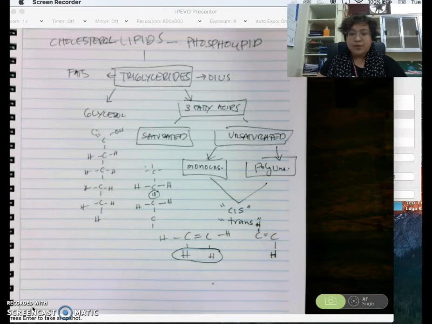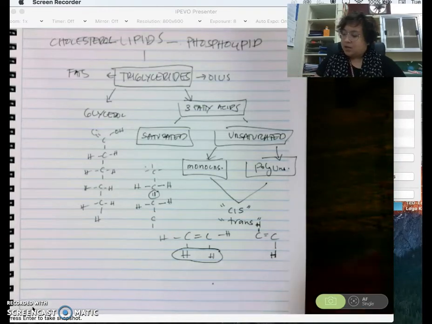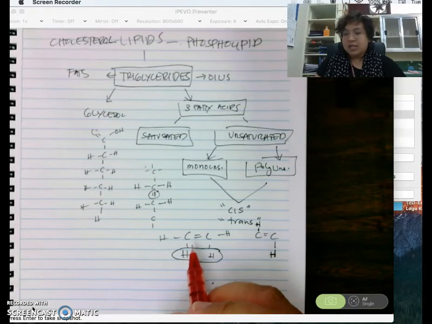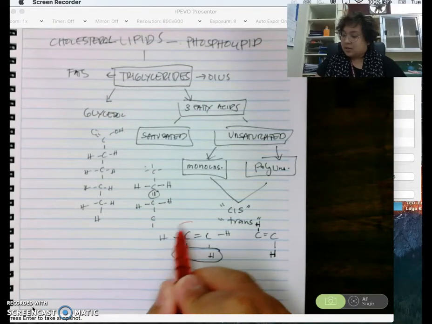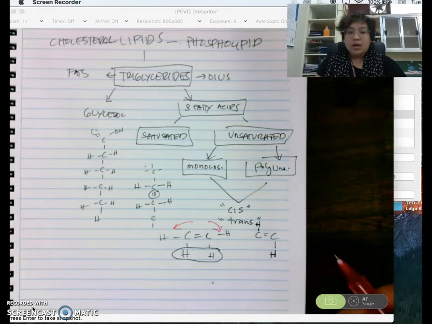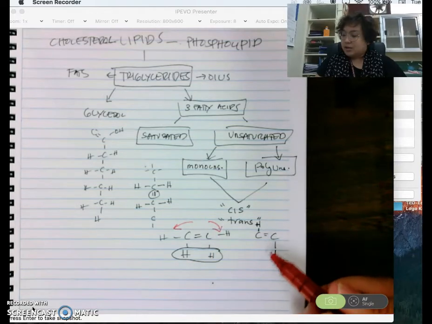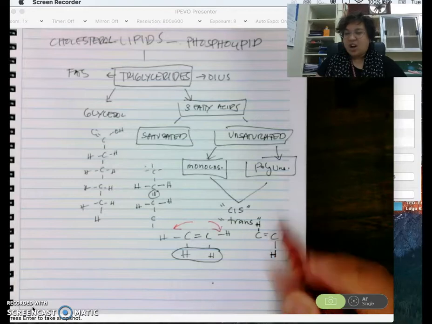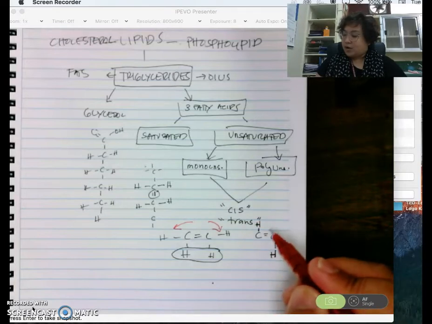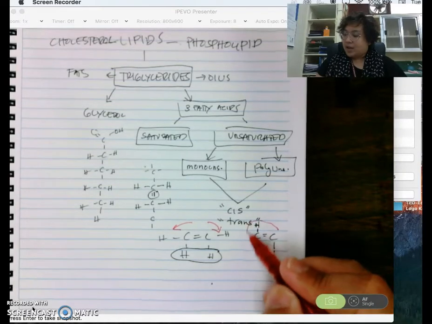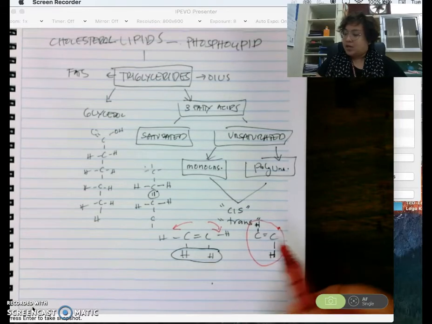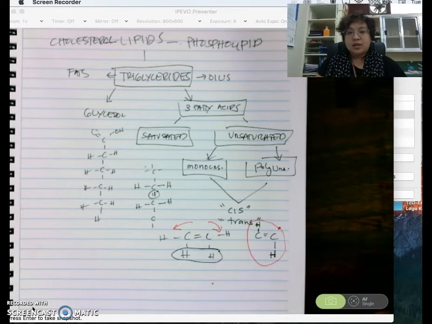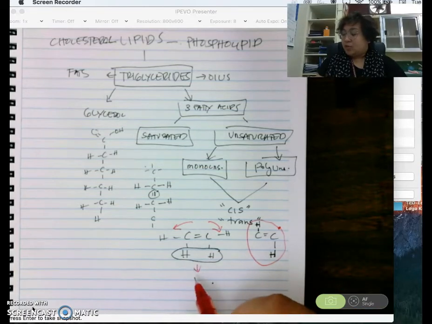This structural difference has a big impact actually, because this molecule right here can easily be bent. However, trans configuration is harder to bend the molecule. Therefore, this one will actually have a higher melting point than your cis unsaturated fatty acid. And this normally remains as liquid at room temperature.